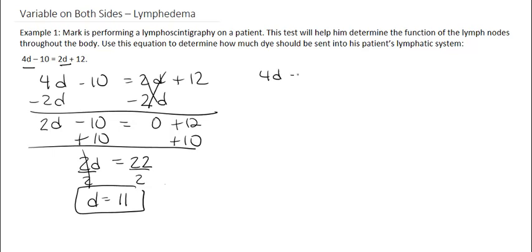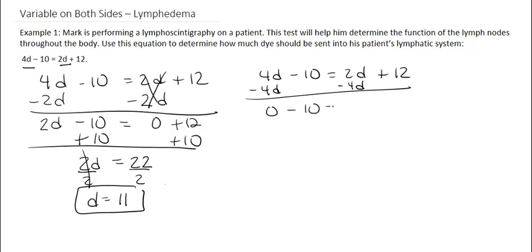We have 4D minus 10 is equal to 2D plus 12. So what happens if you choose to go minus 4D on both sides? So 4D minus 4D is equal to 0. Minus 10 is equal to 2D minus 4D, which is negative 2D plus 12.